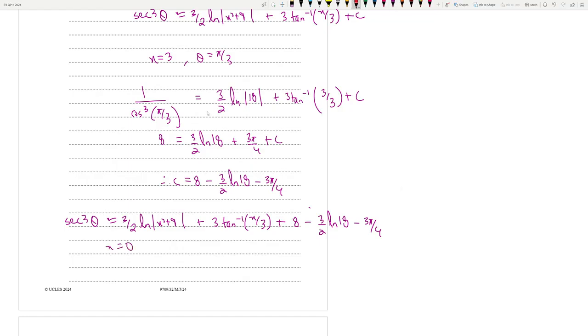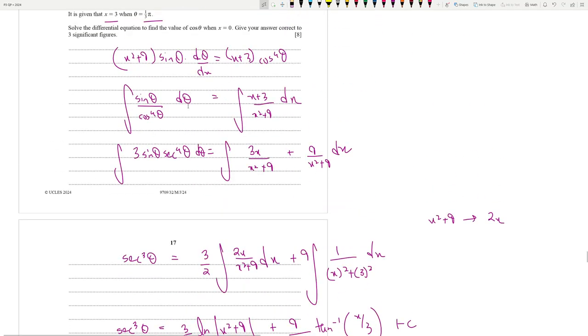So let's just do it. 1 divided by cos cube theta is equal to 3 by 2 ln 9 plus 3 tan inverse 0 plus 8 minus 3 by 2 ln 18 minus 3 pi by 4.